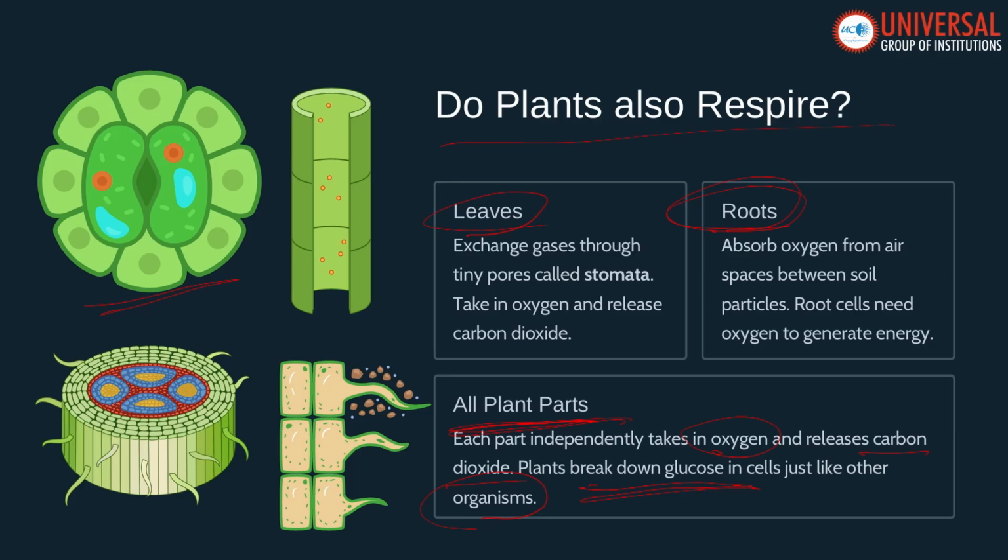It uses oxygen, releases carbon dioxide, and also releases energy from glucose, and it happens in the mitochondria. That is why we call mitochondria the powerhouse of the cell. Photosynthesis and respiration are opposite processes, but they both occur simultaneously in the plant.